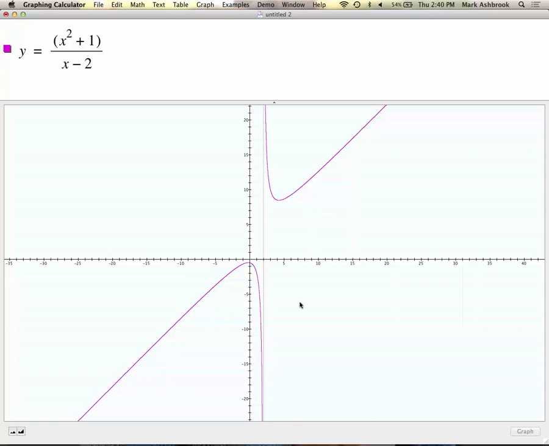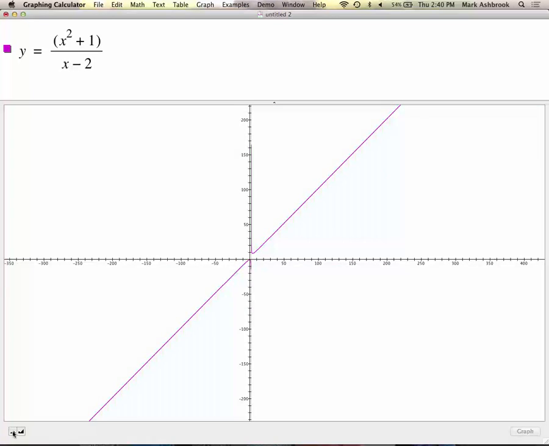Okay, so in the middle, we've got crazy things going on. We've got the asymptote at x equals 2. There are no roots. There's no values of x that make the numerator 0, so it never crosses the x-axis. But what's going to happen if I zoom out? What was our effective leading term? X, right? So watch. I'm just going to zoom out on the graph.